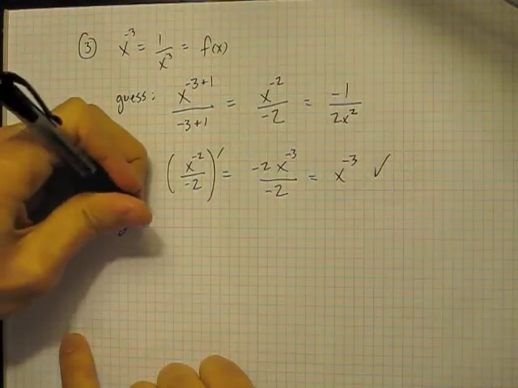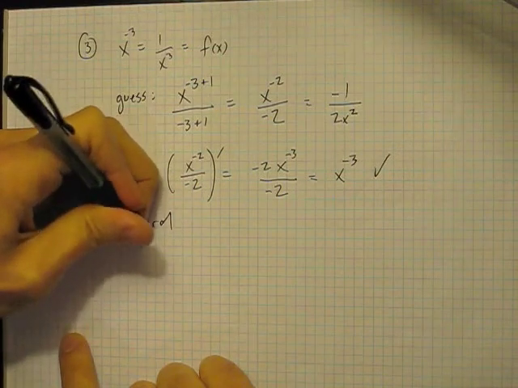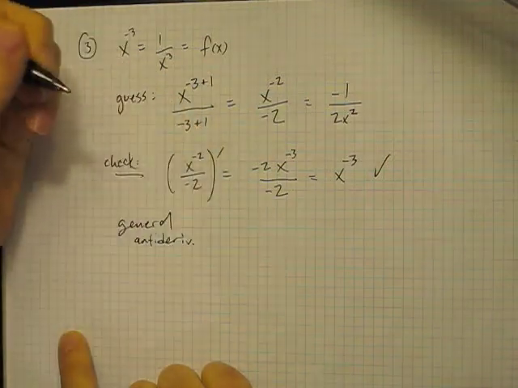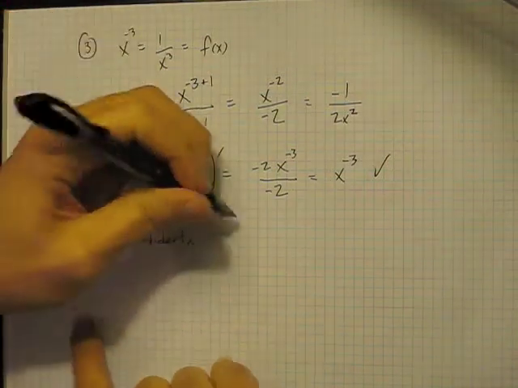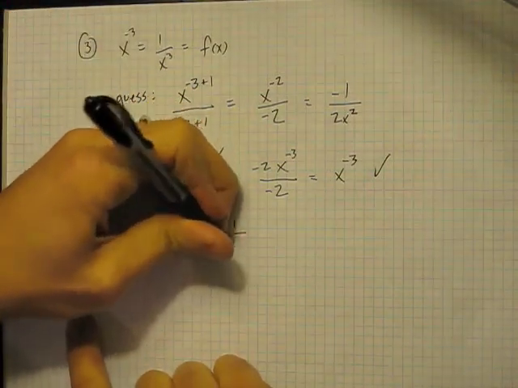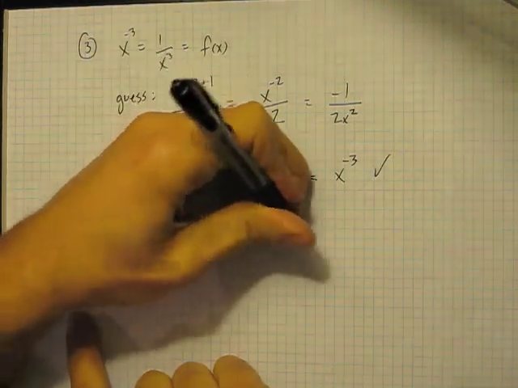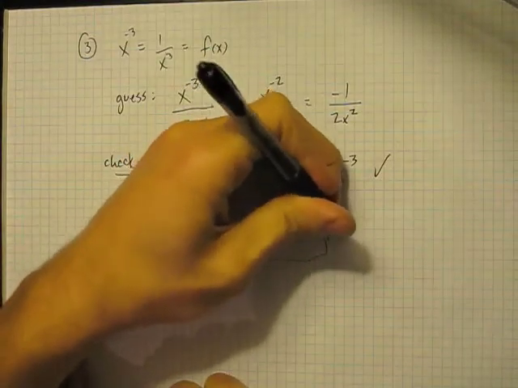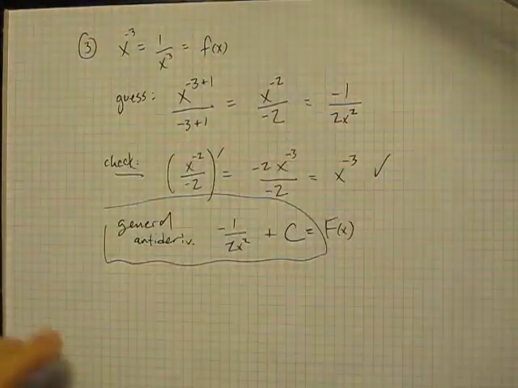So the general antiderivative is this, minus 1 over 2x squared plus any constant. So this is our antiderivative. Okay.